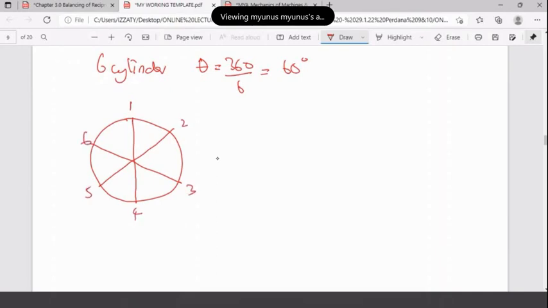Let's say you have omega. The angle between cylinder to cylinder is 60 degrees each. So we are going to construct the primary direct crank where theta equals 60 degrees.